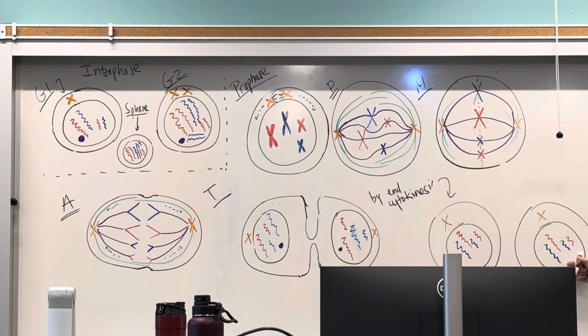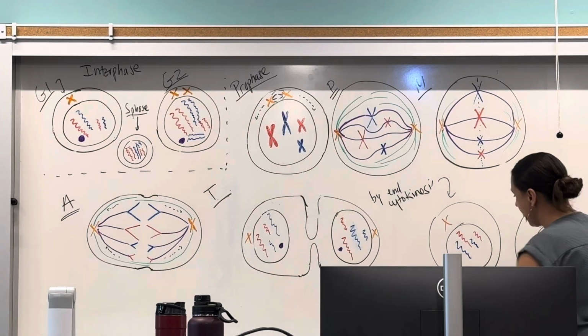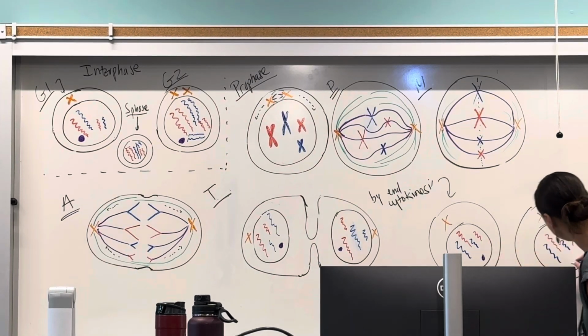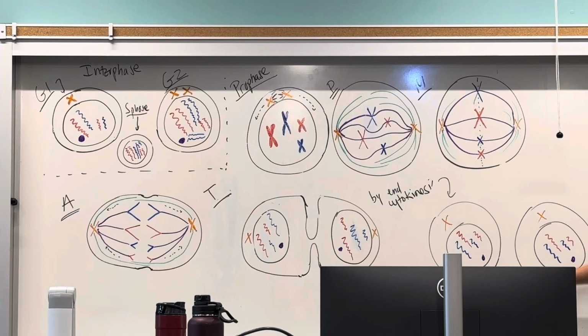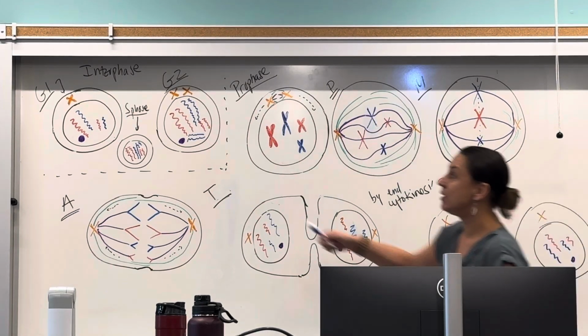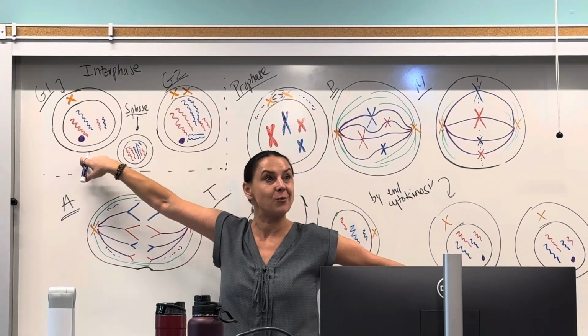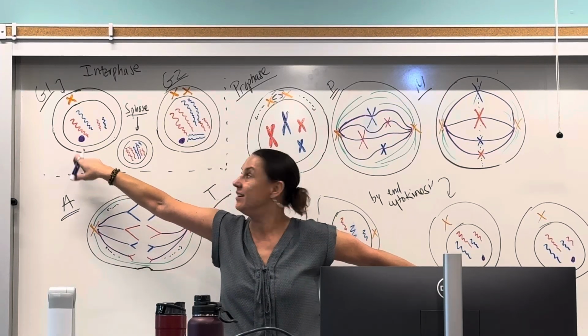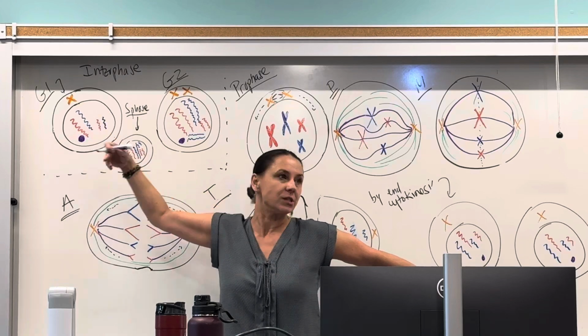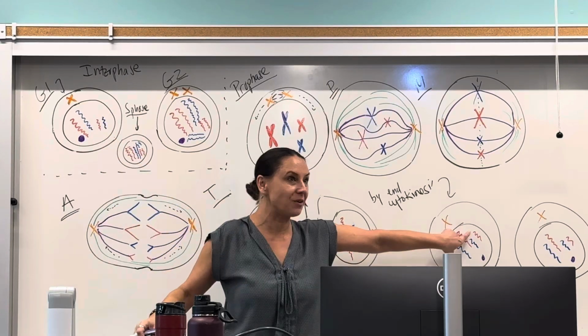I'm not drawing 46, so 4 is the equivalent. I need to make sure that I add a nucleolus in this. By the end of cytokinesis, we have these 2 daughter cells that came from this parental cell. Look at this cell and those 2 cells. Count their DNA molecule number. How many? 1, 2, 3, 4, which is the equivalent of 46 for us. 1, 2, 3, 4, 1, 2, 3, 4.